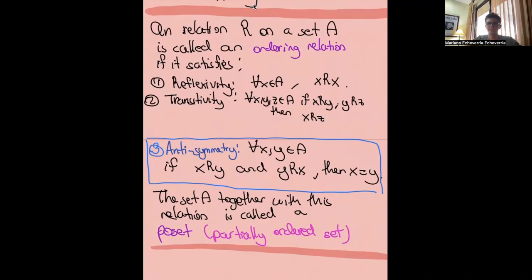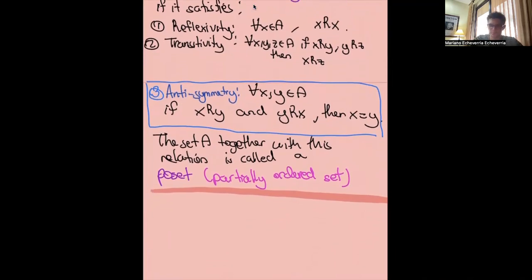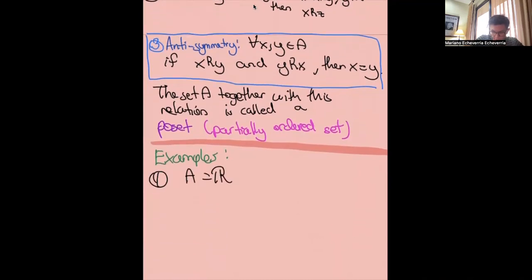Okay, so let me give you some examples. The obvious example is the one that we started with. The first one is the basic example, which is to take A to be the real numbers, and then you say that x is related to y if and only if x is less than or equal to y.